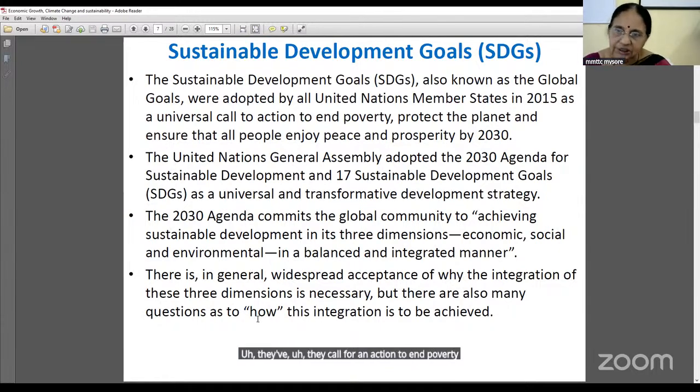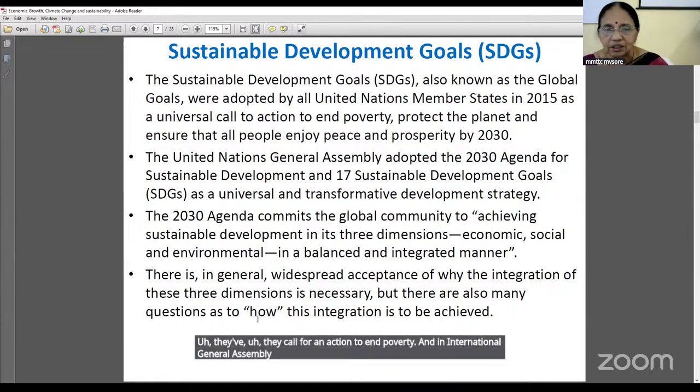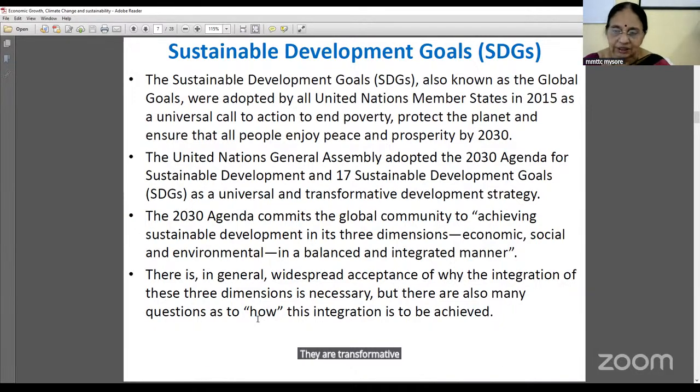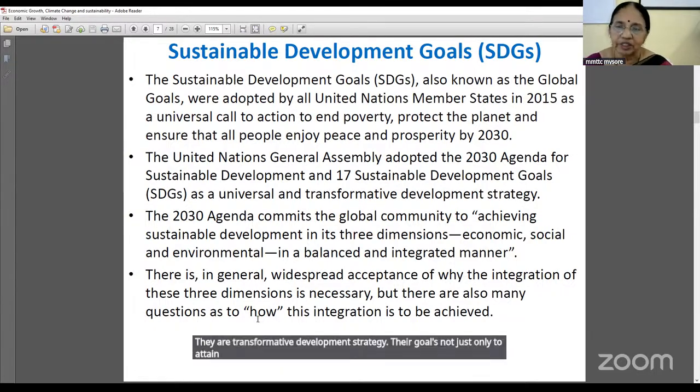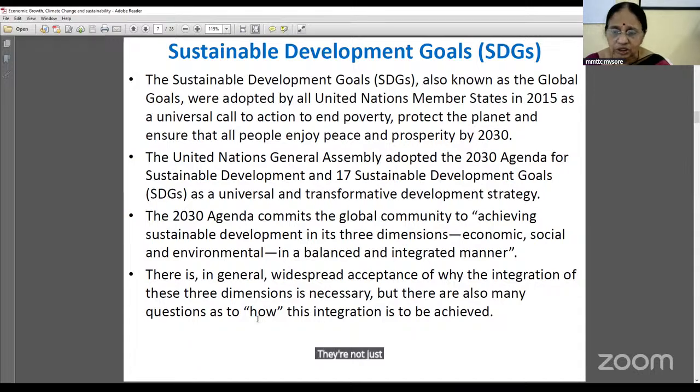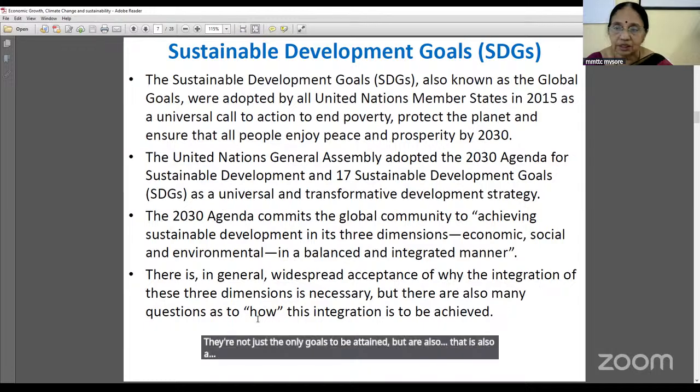And the United Nations General Assembly adopted the 2030 Agenda for Sustainable Development and 17 Sustainable Development Goals as universal. These goals are not just simple goals. They are a transformative development strategy. Their aim is not only to end poverty and malnutrition. They are not just goals to be attained, they are also a transformative development strategy.